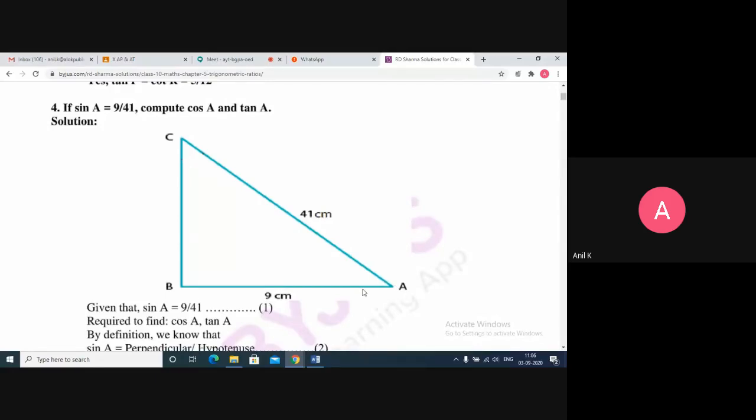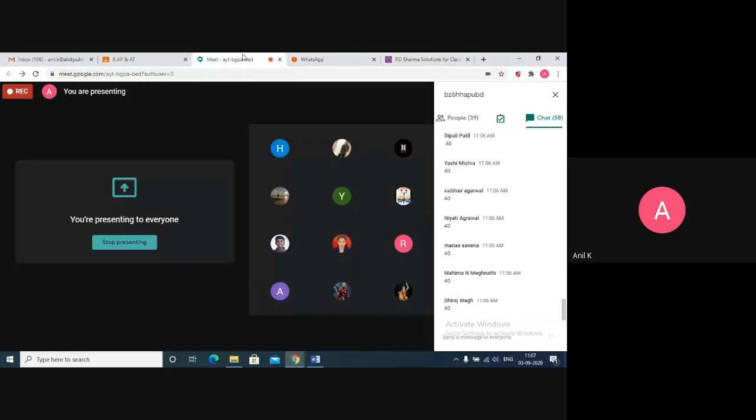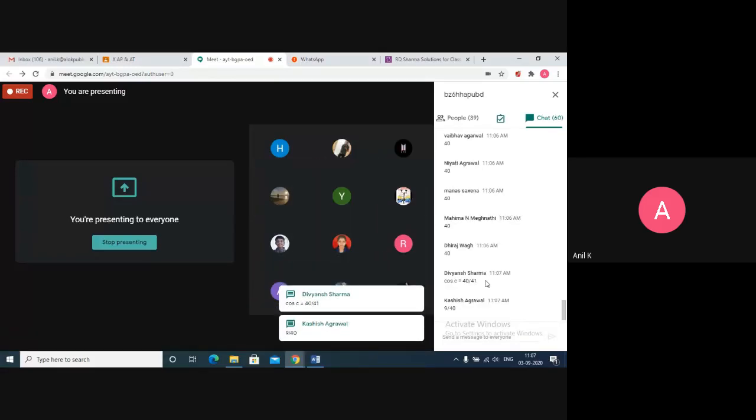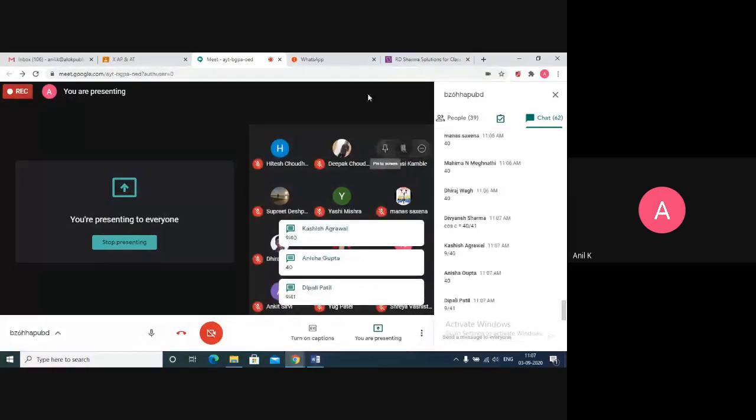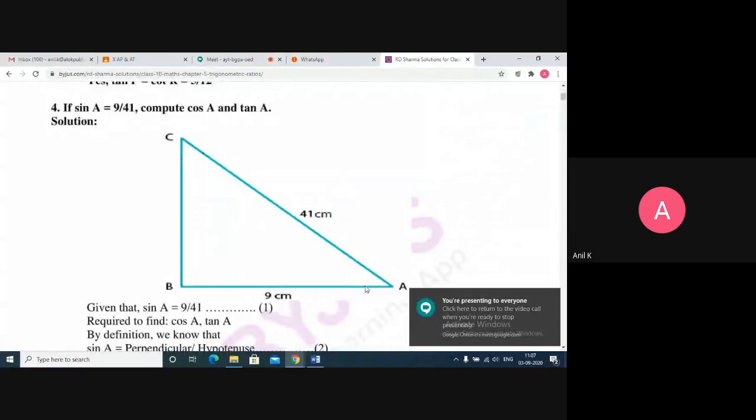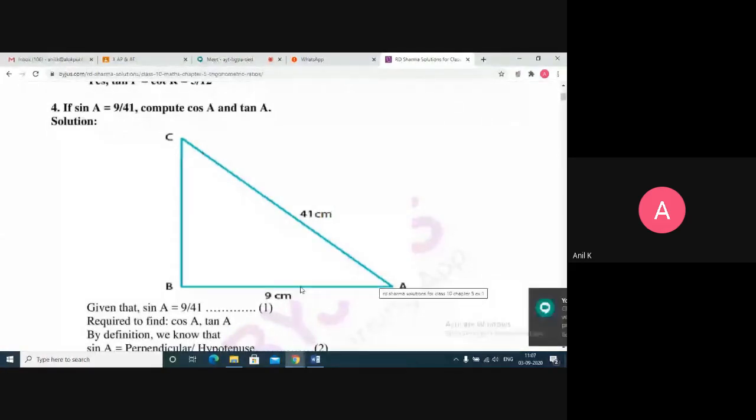Now if I take theta at A, what is the cos A value? Cos A is 40 upon 41, Divansh, check your answer. I'm talking about cos A. So cos A means theta is at A, so my adjacent side will be 9 upon 41.